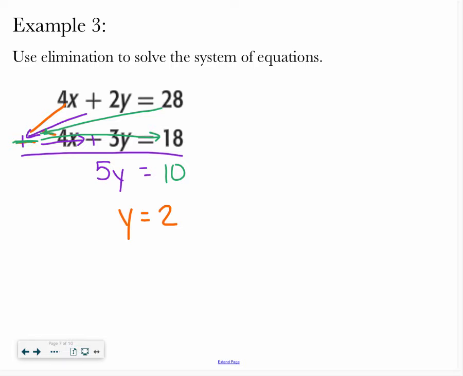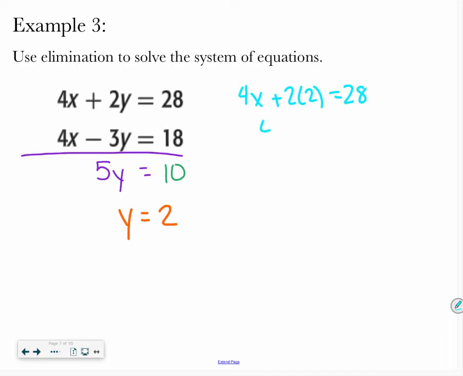Now from there, you can go back to either one of your equations, it doesn't matter which one you pick, and solve for x. So I say 4x plus 2y equals 28. So 4x plus 4 equals 28. 4x equals 24.